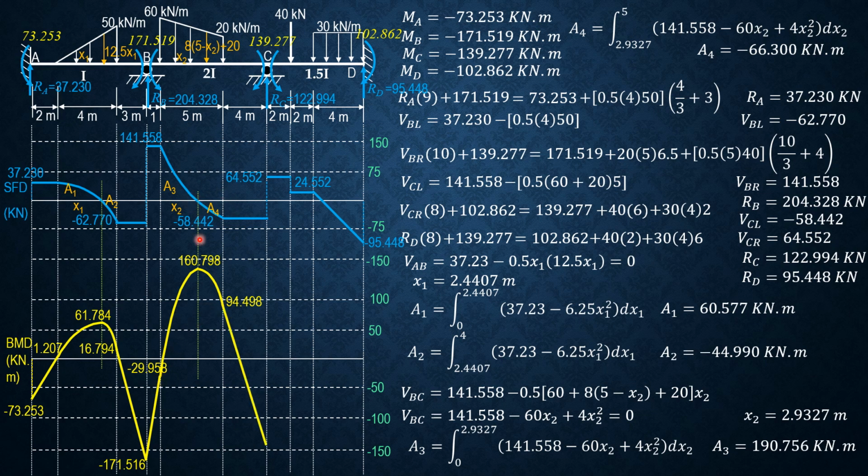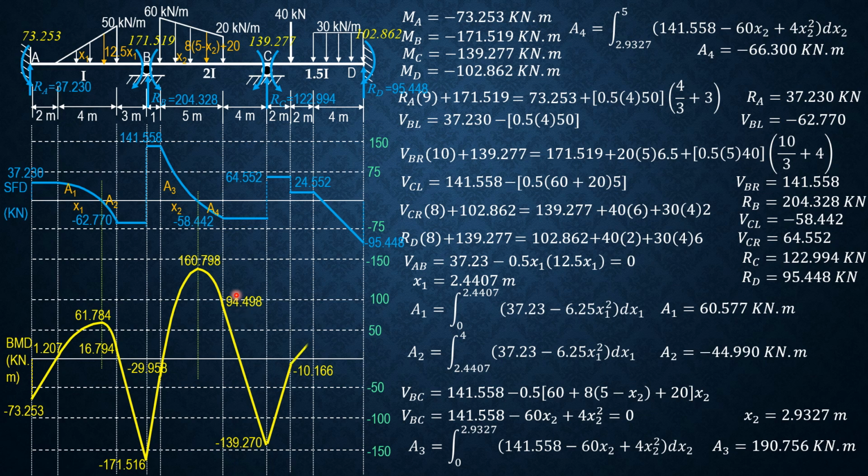So let's project this 0 shear here. So negative 29.958 plus area 3, which is 190.756, positive decreasing, would be negative 29.958 plus 190.756. That's 160.798.